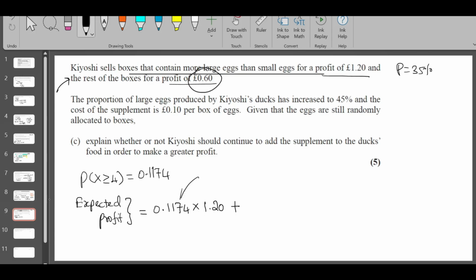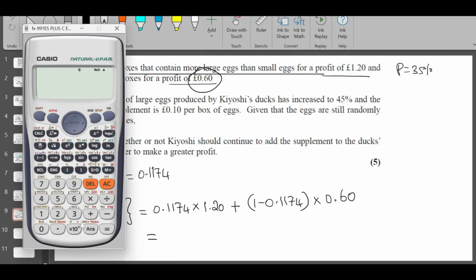Rest of the boxes means 1 minus this probability, right? Because this probability is for the boxes that contain more large eggs than small eggs. So the rest of the boxes is 1 minus this, right? Times 0.60. That's the expected profit before adding the supplements.